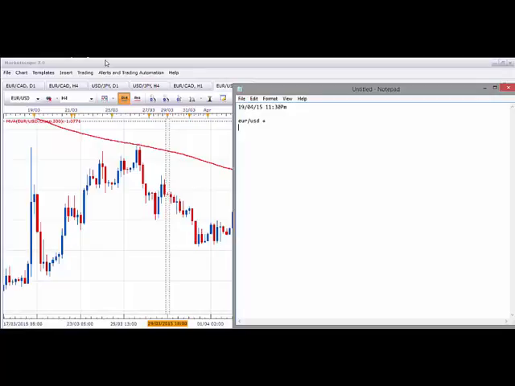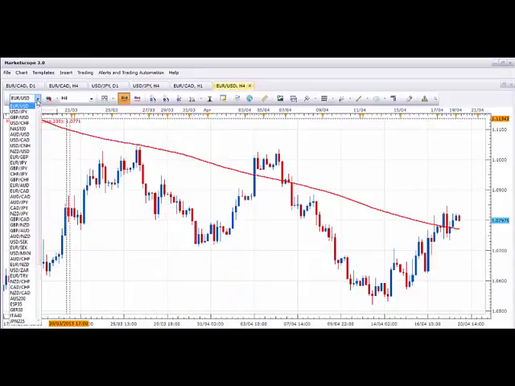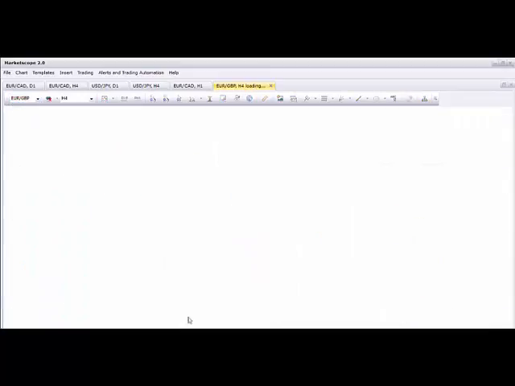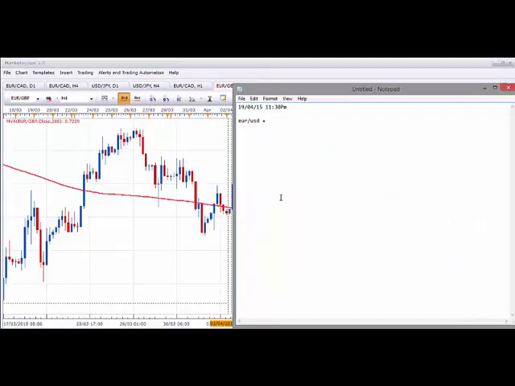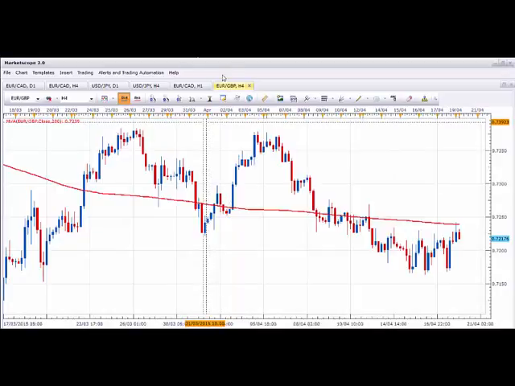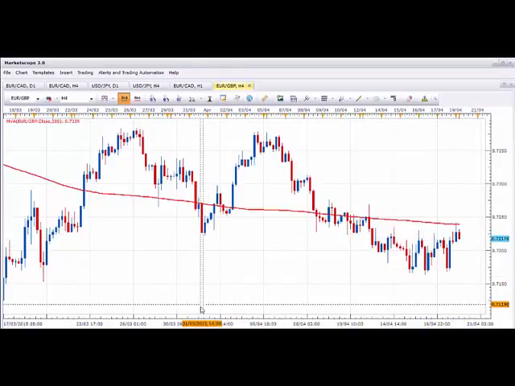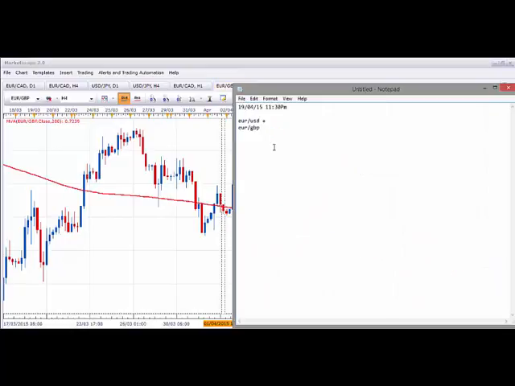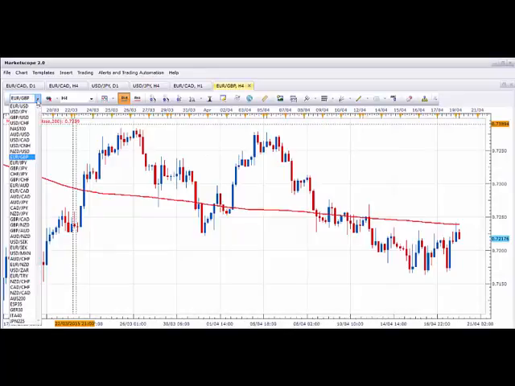Then I go to the 6 other pairs that go with the euro. So we have Euro GBP. Quick look at the chart, it is below the 200 moving average, so it's bearish.